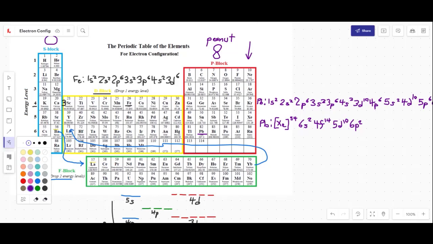Anything that's the noble gas or the previous noble gas or below is an inner shell electron, and so it's not generally going to be involved in any chemical reactions. The reason we do the condensed configuration is that it still tells us the most important electrons, the ones involved in bonding. Does that make sense? Yes, it does.